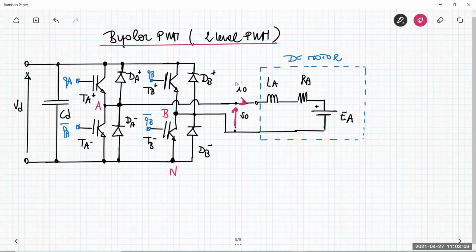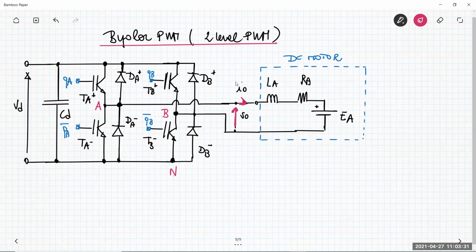From that, you can derive the control voltage for the leg B: V control of the leg B is the difference between the peak value of the triangular voltage, V triangular peak, minus V control. And the two control voltages for the leg A and B are symmetrical in value with respect to V triangular peak divided by 2.